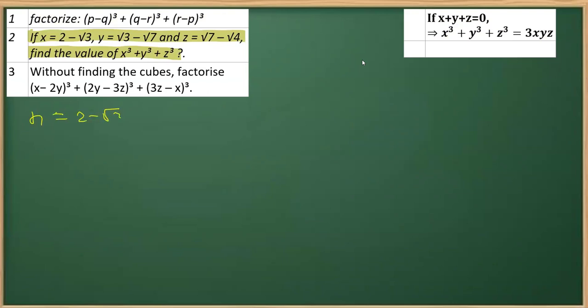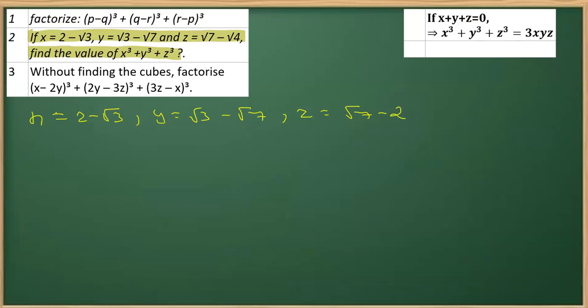Let's write down x as this, which is given, y as root 3 minus root 7, and z as root 7 minus under root 4. Now you know that under root 4 is 2, so write under root 4 as 2.